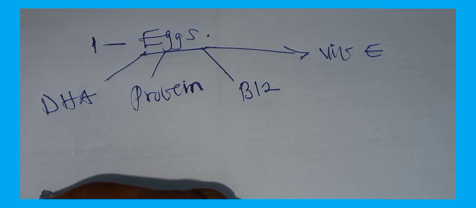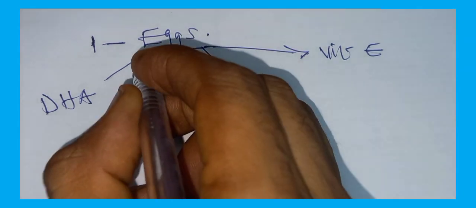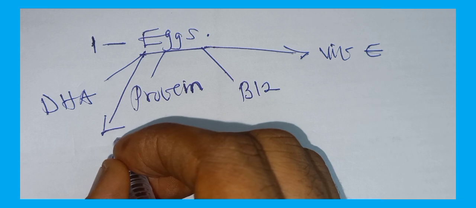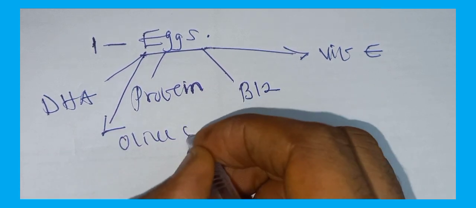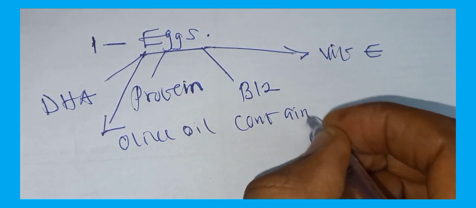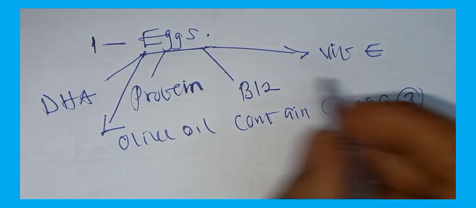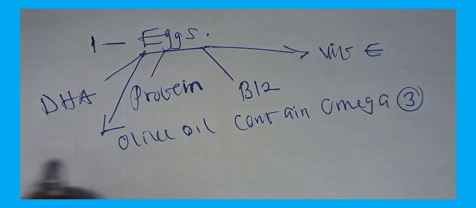If you can, look for eggs with DHA or other omega-3 fatty acids, as can also be found in olive oil. So that is number one food that boosts fertility.